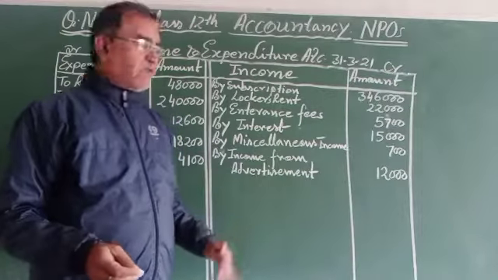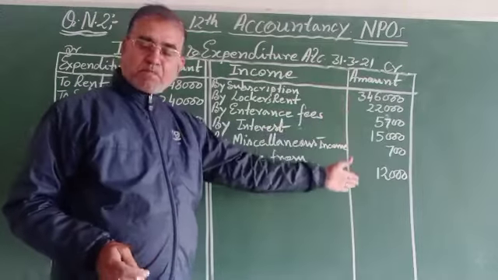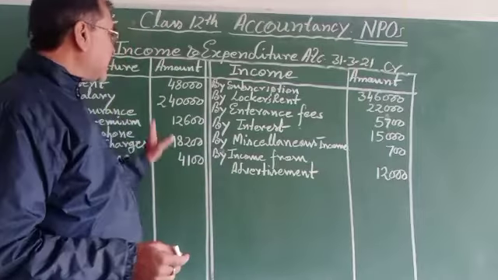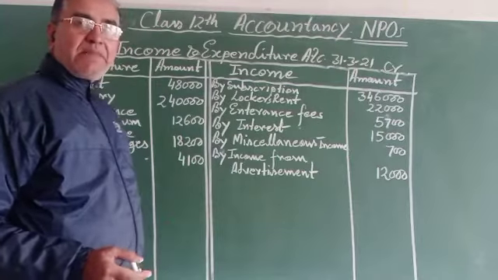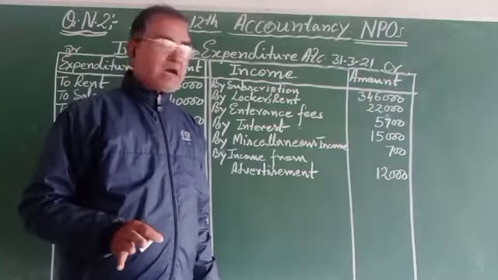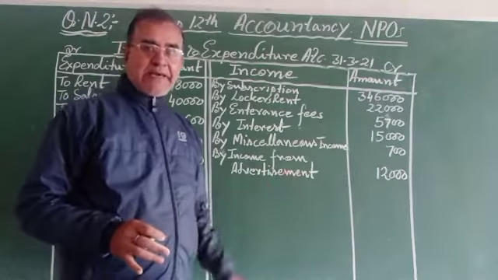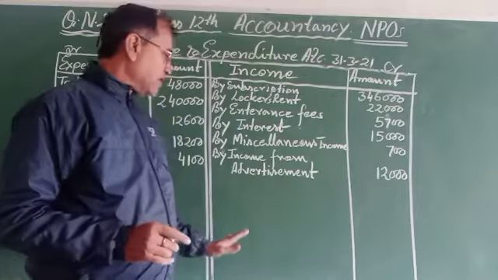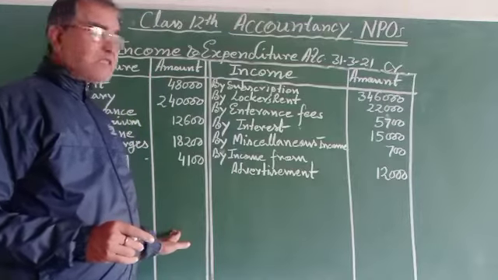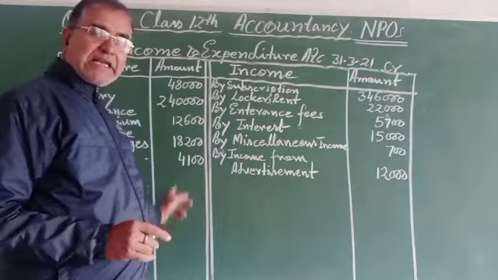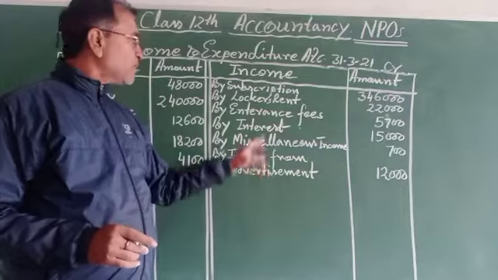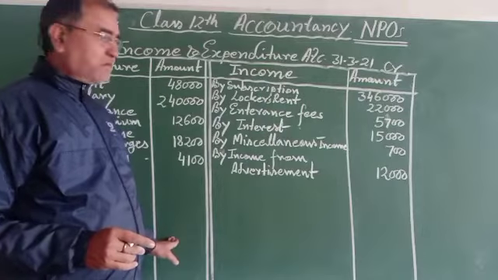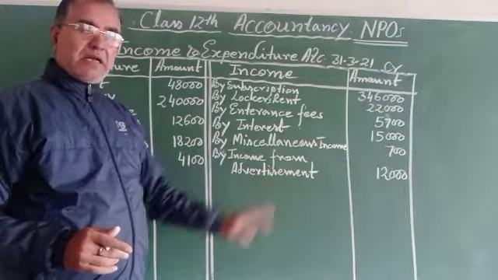If the income column exceeds the expenditure column of the debit side, that will be the surplus, meaning income over expenditure. And if the debit column exceeds the income column, meaning expenditure exceeds the income, that will be the deficit, meaning expenditure over income.